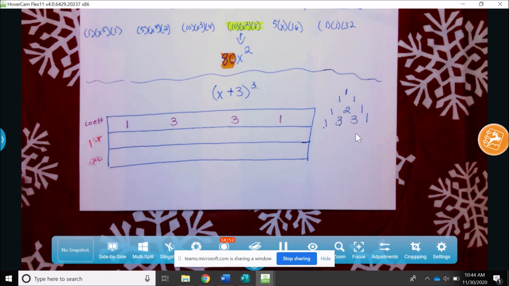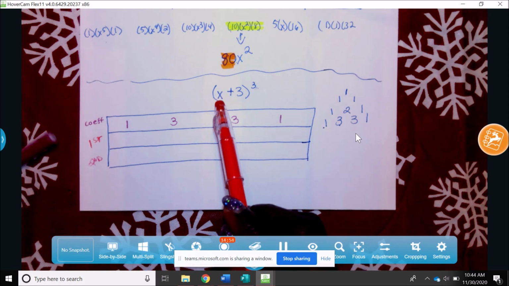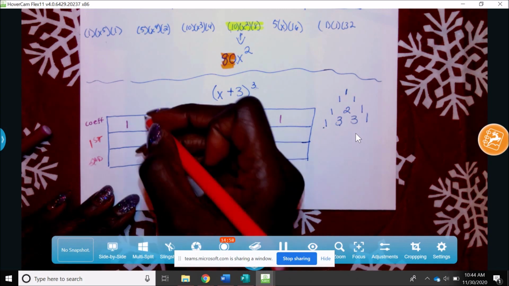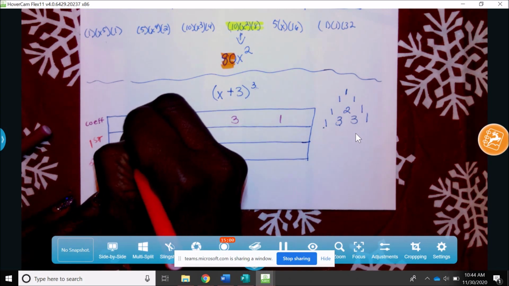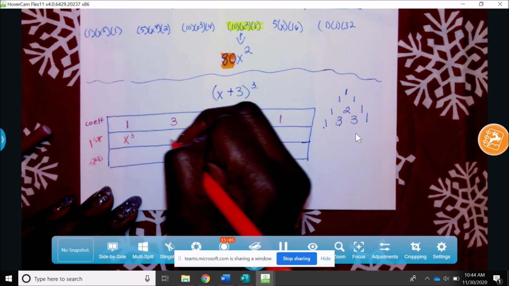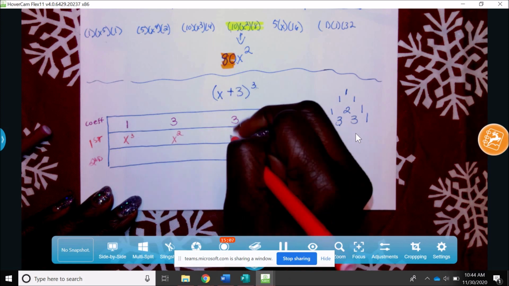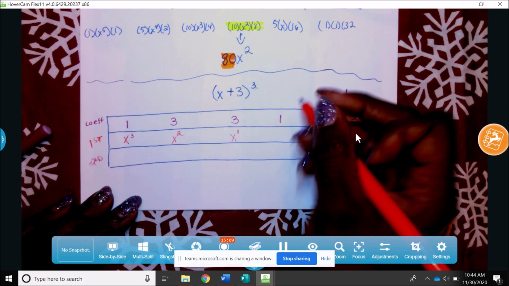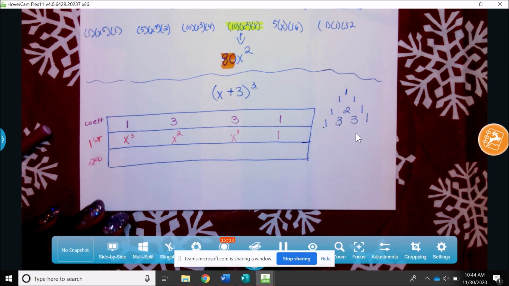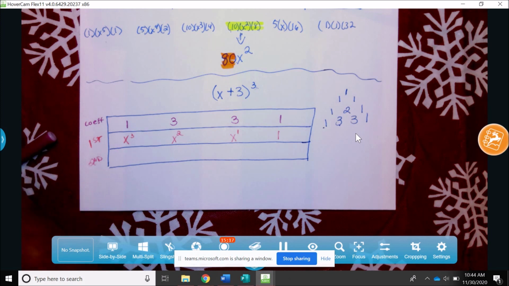So for my first term, we have the variable x. So I have x, and I'm going to start with my exponent and go down. X to the third, x squared, x to the first, and anything to the 0 power is just 1. Are there questions before I move on?